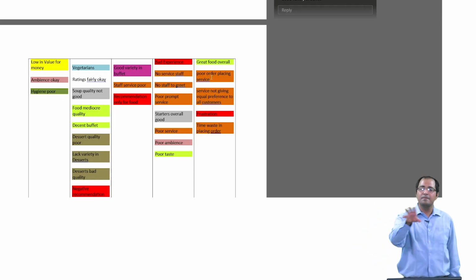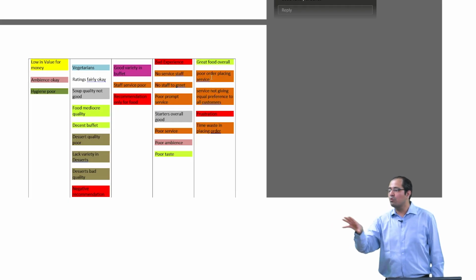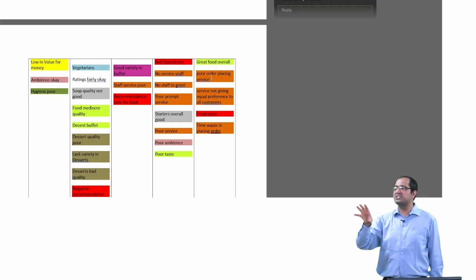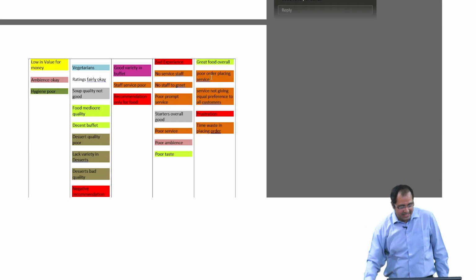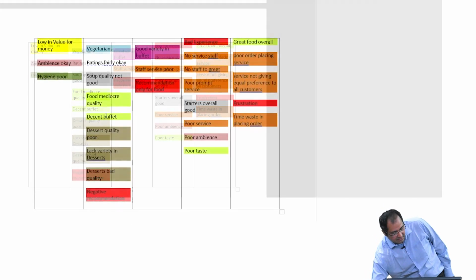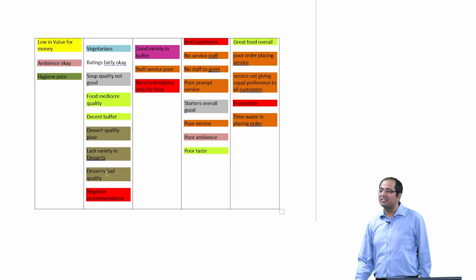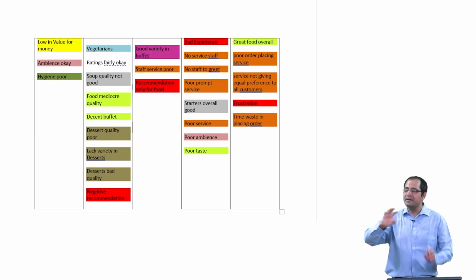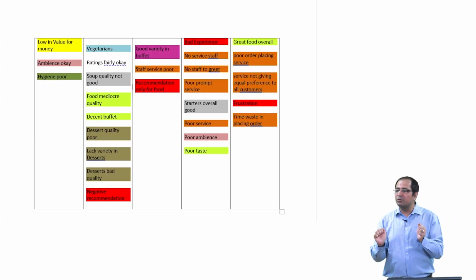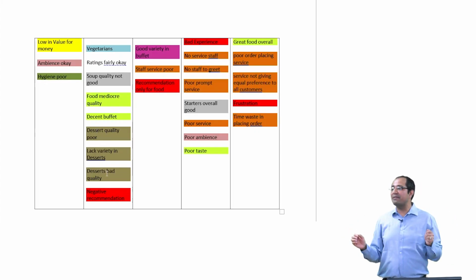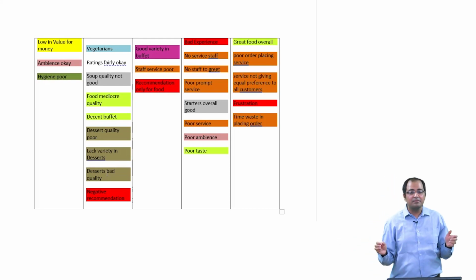So this is all about poor service of the staff. Then there are others. This dark green, dessert quality poor, lack of variety in desserts, this is about the quality of desserts. Likewise, for all the codes you have to do this color coding. Give the same color code to the ones that are similar.